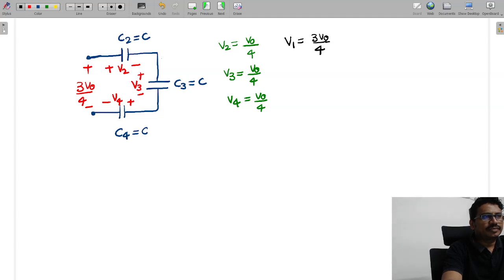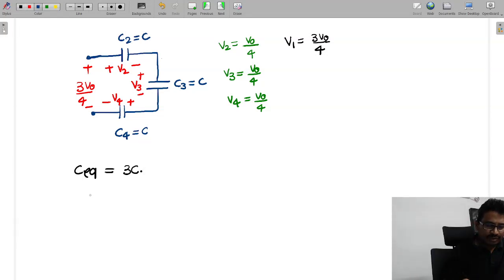Next one. Now if you find the charges here, look, what is the equivalent of all these capacitors? The equivalent capacitance is equal to what, tell me? 3C.